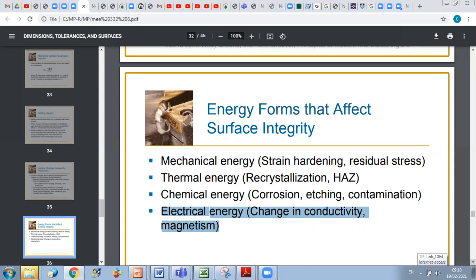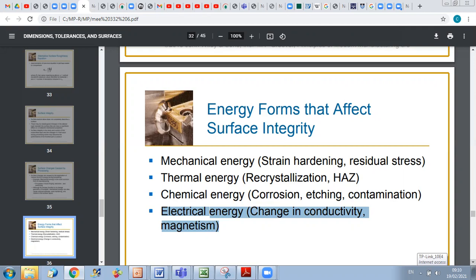Okay. Another type of energy that can alter or affect the surface integrity is the chemical energy. Chemical energy can lead to corrosion or to contamination of the surface. We have also the etching process, which is a traditional process using strong acid or mordant to cut certain parts of the material, and this will create a designed incised metal.